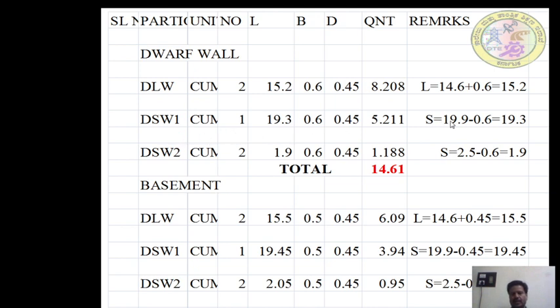DSW1 comes to 5.21. DSW2 is equal to 1.188. So basement DW, DSW1 and DSW2, total quantity is 10.98.